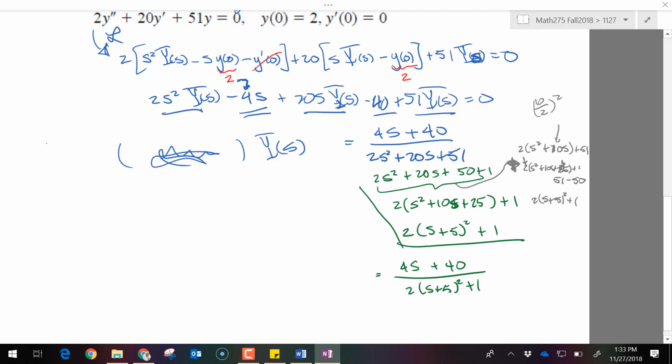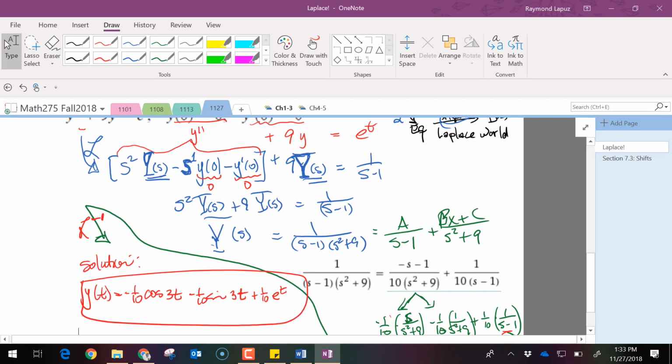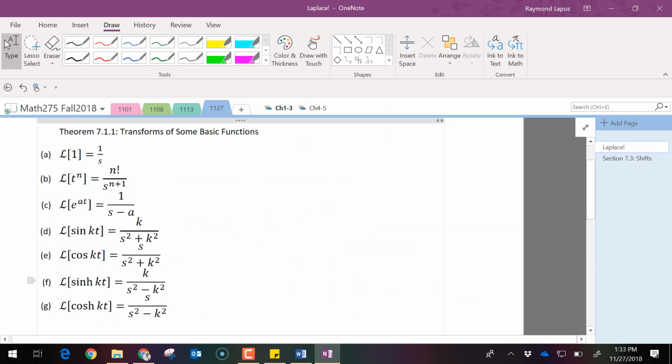I think I'm going to want an s plus 5 in the numerator also, because if you look at the cosine formula, you have s divided by s squared plus k squared. But the denominator has an s plus 5 shift, and so I'm going to want the numerator to also have an s plus 5 shift.